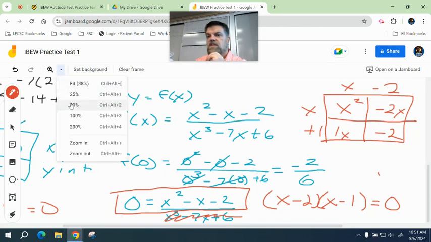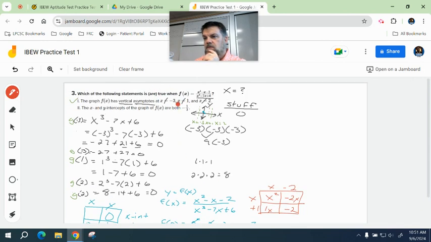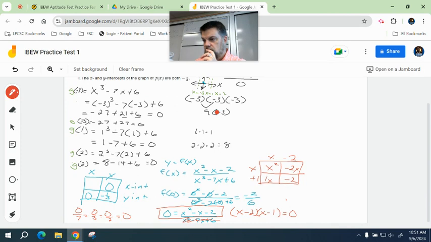But the problem is, it tells us up here x cannot equal 1 and x cannot equal 2. So you're good. I know that's 1 right there. Well, if I solve this, I would end up with x equals 2 and x equals 1.